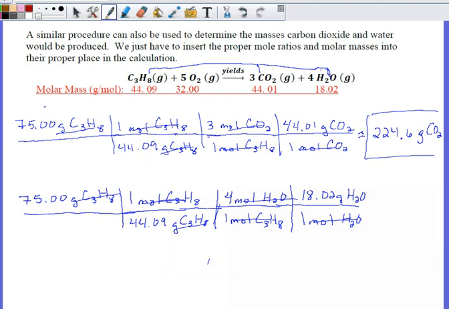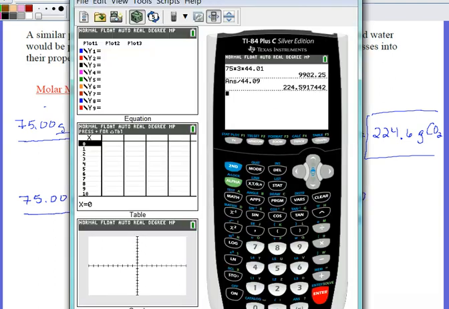Multiply this times 4 times 18.02, and I'm going to divide by 44.09.